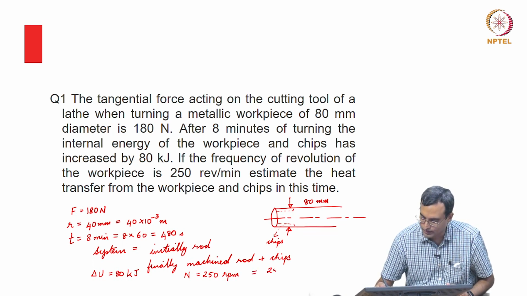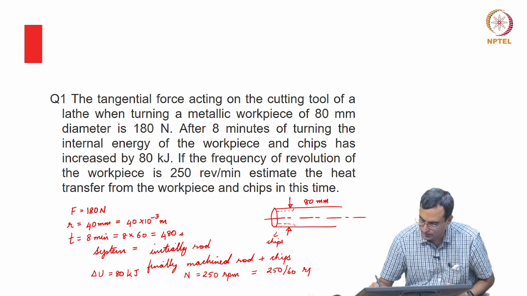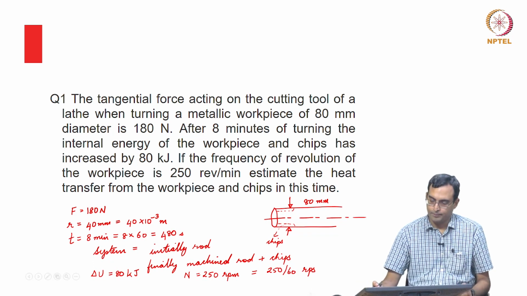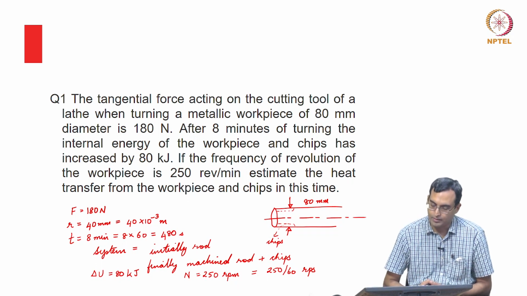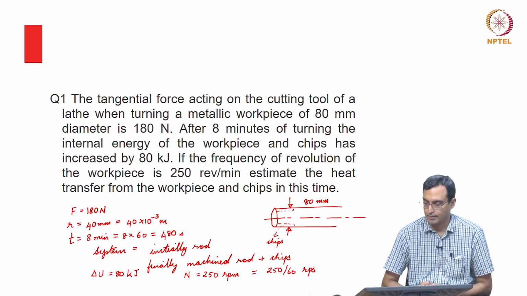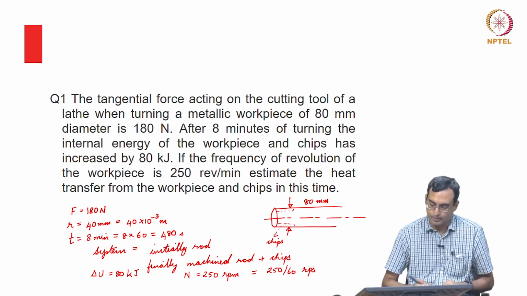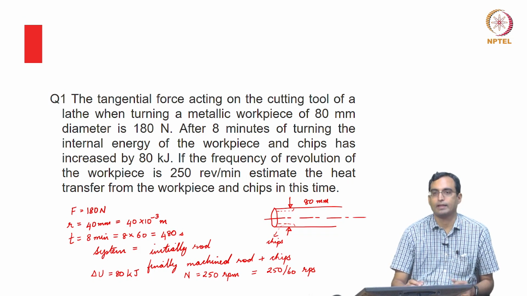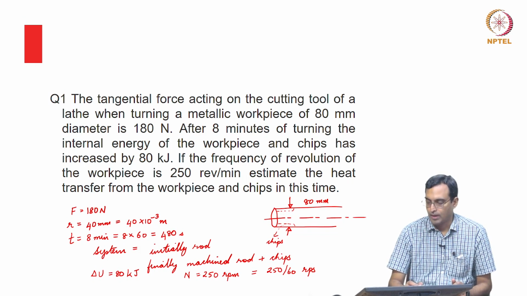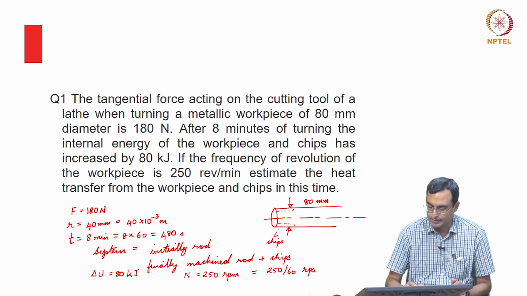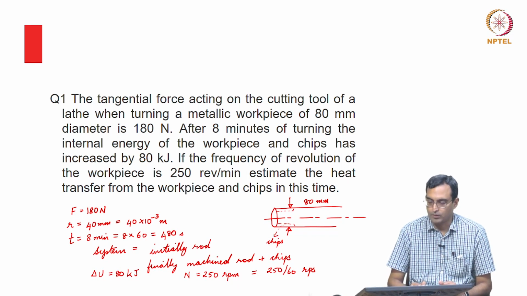So that's 250 by 60 rotations per second. We are asked to estimate the heat transfer from the workpiece and chips in this time. So what we know is the force, the time for which this force is acting, and the change in internal energy, and we are asked to find out the heat transfer.